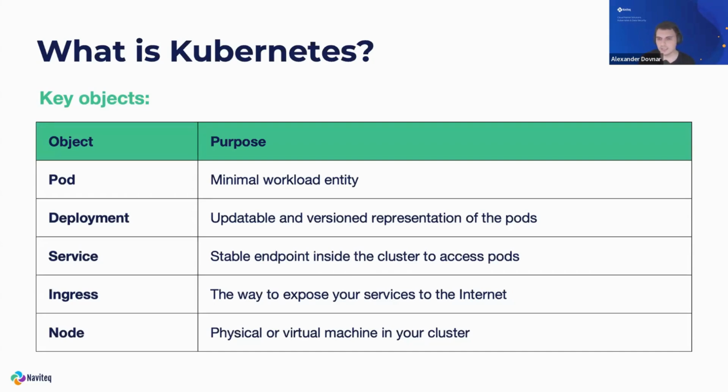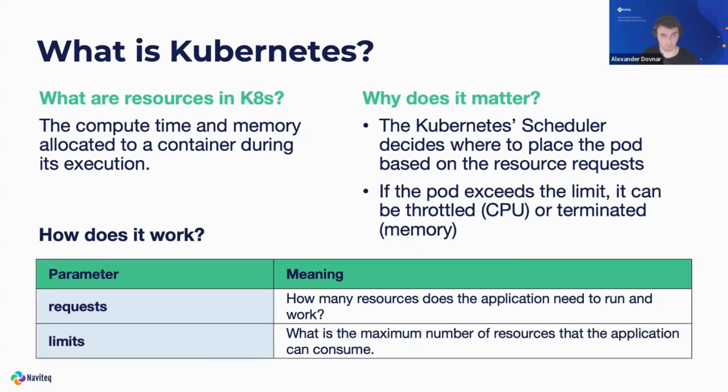And in reality, nodes are the biggest cost piece which you actually pay for. If you're using Kubernetes in the cloud, you also pay for the control plane, but nodes are still the biggest cost item in Kubernetes. So Kubernetes resources are actually what Kubernetes nodes provide you.